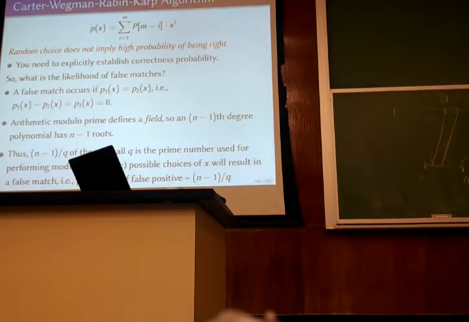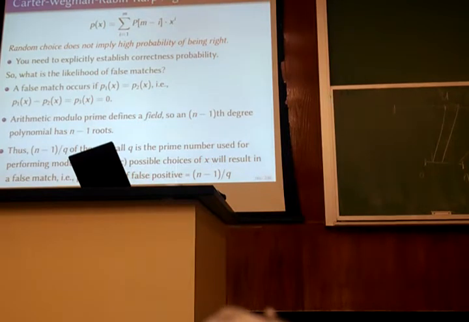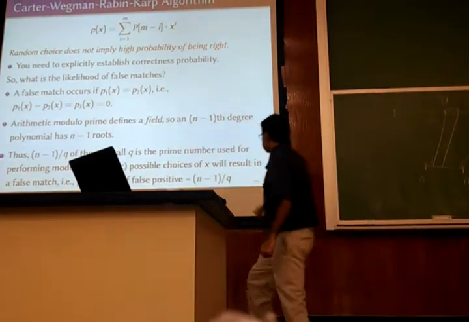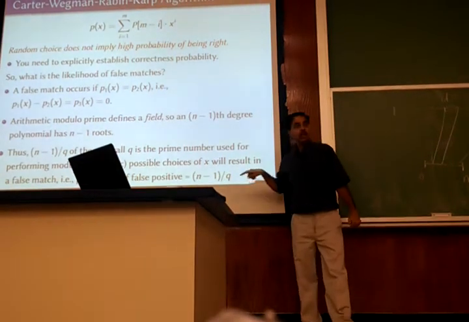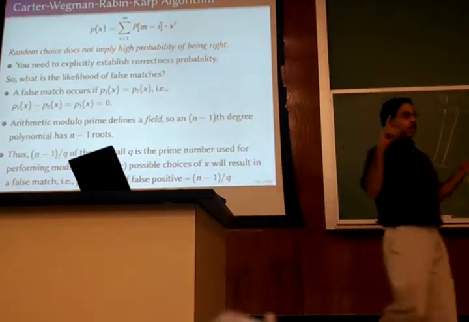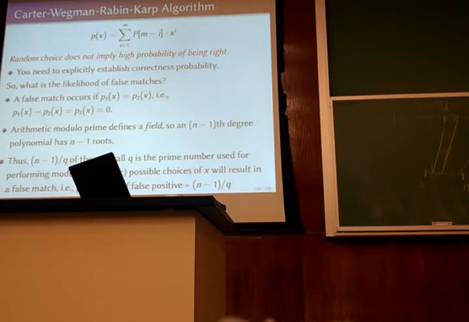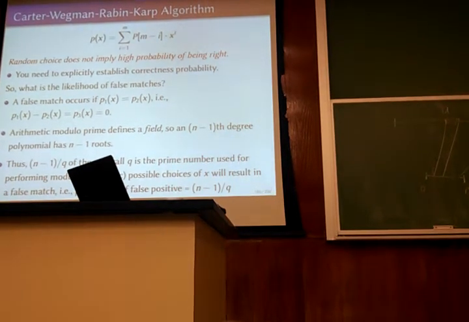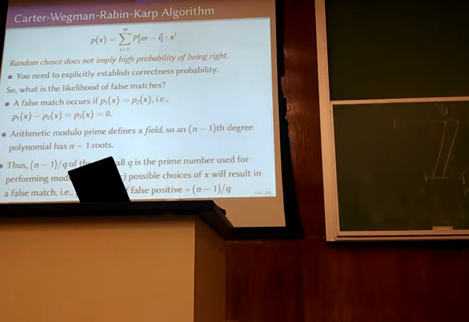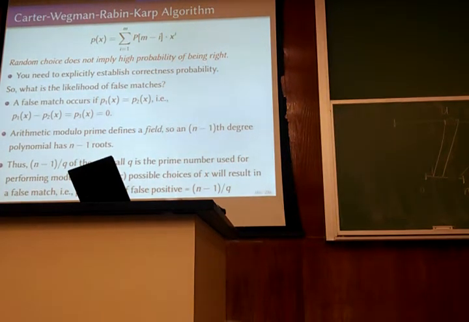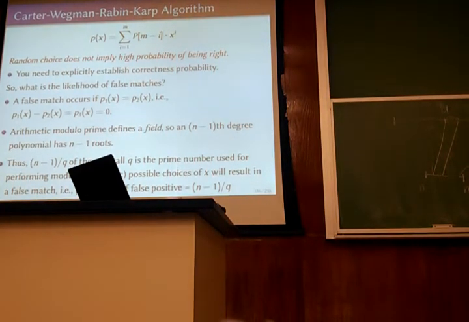It cannot match in more than n minus 1 points. So the probability of a false match is n minus 1 by q, because when you do arithmetic modulo q, the result can be one of q values, and of those, only n minus 1 result in a false match.